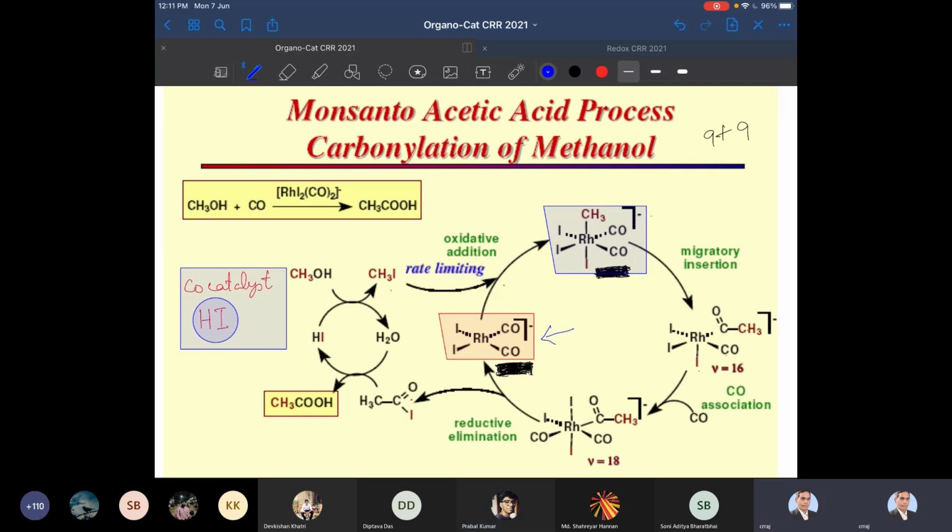Another one of you count the blue box. After the oxidative addition, the blue box is there. One of you count. Abhishek Das, you count the number of electrons for the second species, the intermediate. Yes, Prabal. Total is 45 atomic number.